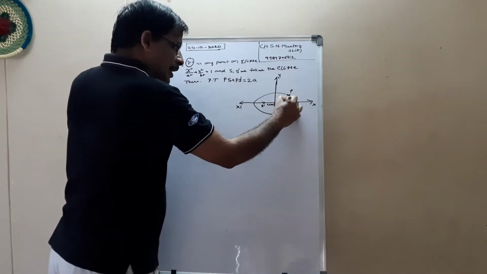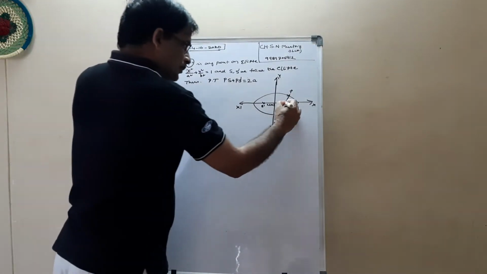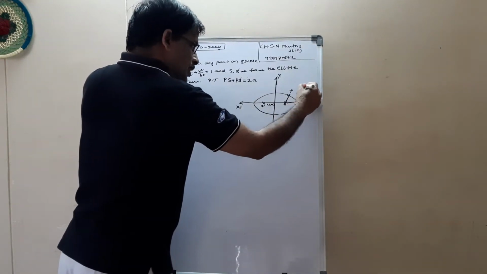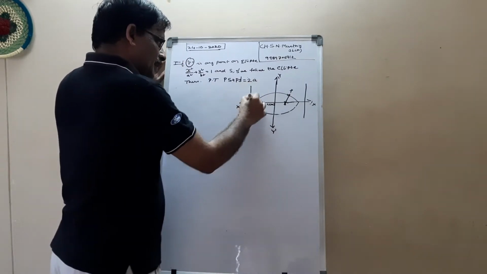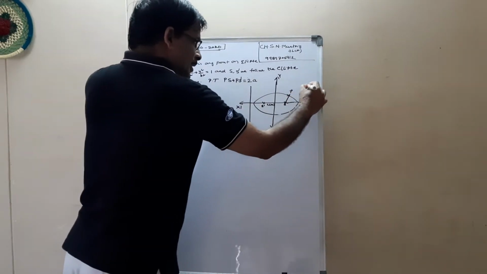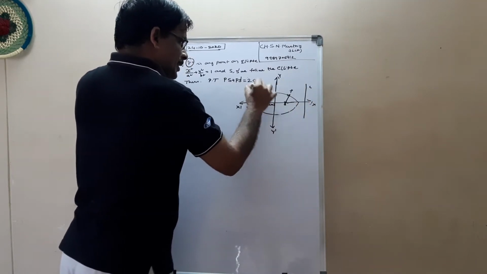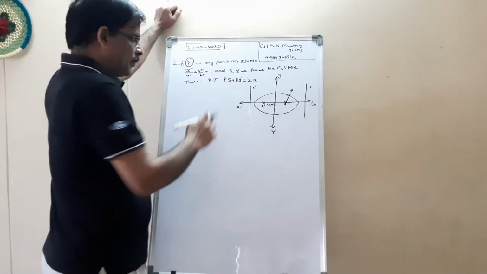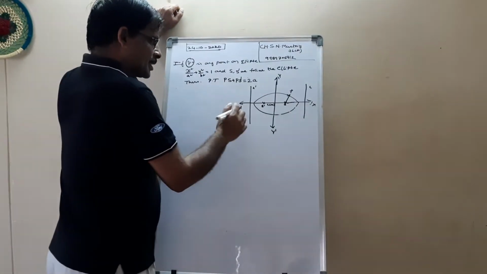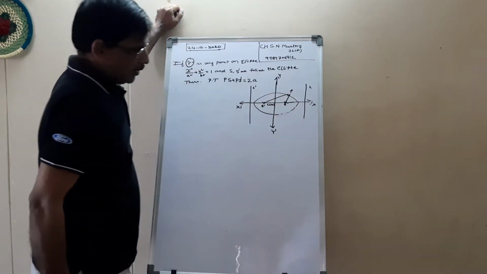Join SP, PS. See here, this is a directrix. You know the definition of the directrix. That is L. This is the directrix L dash. And also PS dash, so we join PS dash.